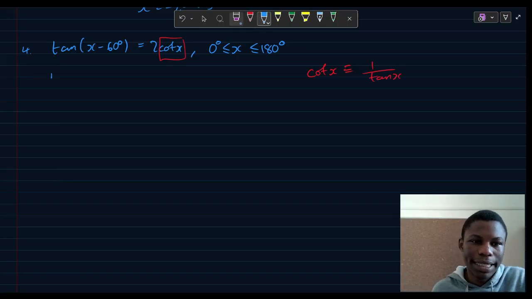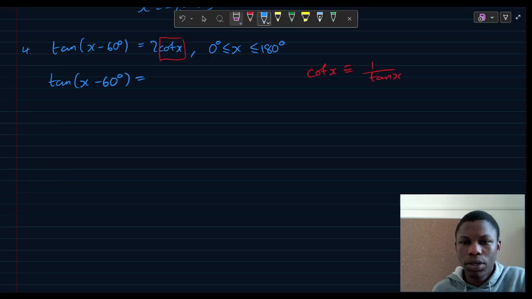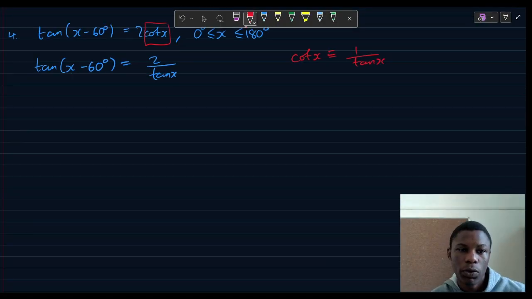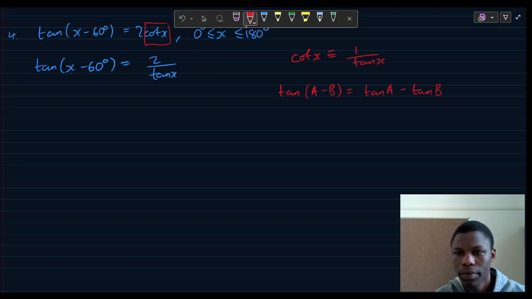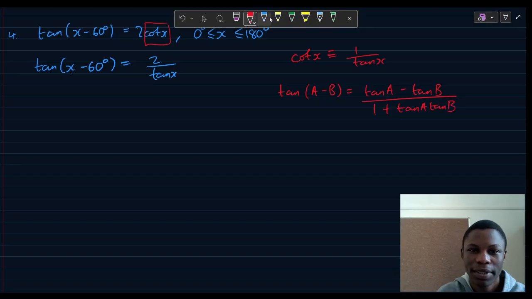So we have that tan x minus 60 degrees is equal to 2 over tan x, and hopefully you should know that. And now what we're going to do is to use a compound angle formula for tan, which says tan A minus B is equal to tan A minus tan B over 1 plus, be careful with the signs, 1 plus tan A tan B. This formula is in the MF19.